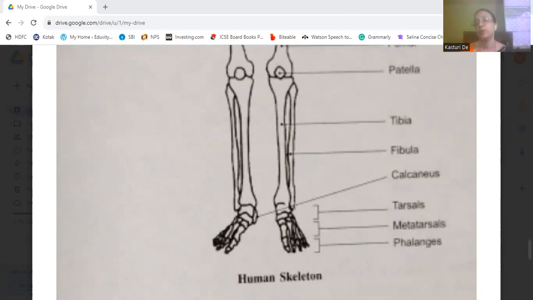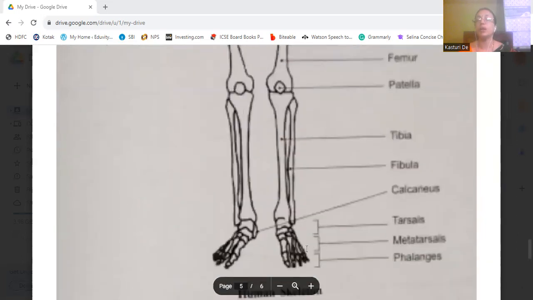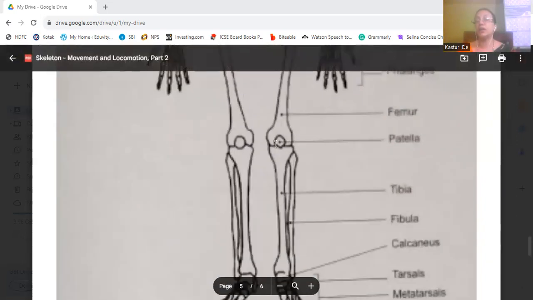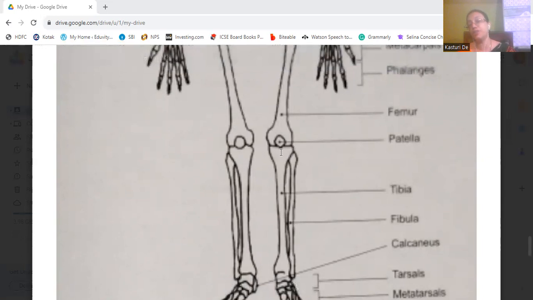Then we have the tarsals and metatarsals in the heel region, and then the phalanges. Another thing in the knee region is the knee bone, known as the patella.